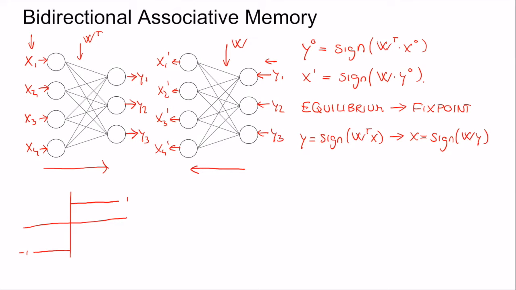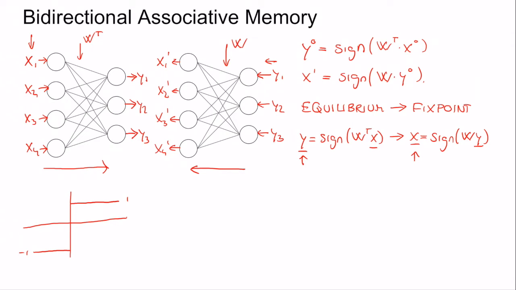The equilibrium occurs when this x here is equal to this x here and this y here is equal to this y here. And if we continue iterating back and forth between inputs and outputs, then these values here do not change. So that's the equilibrium.